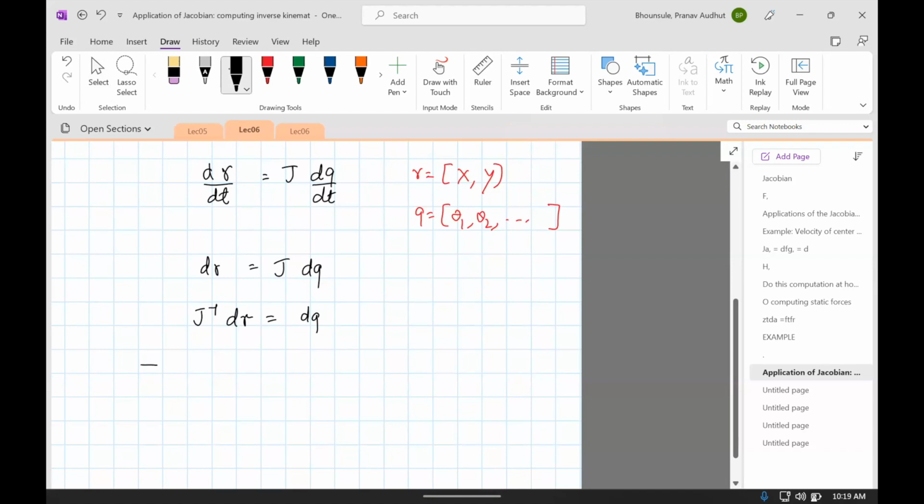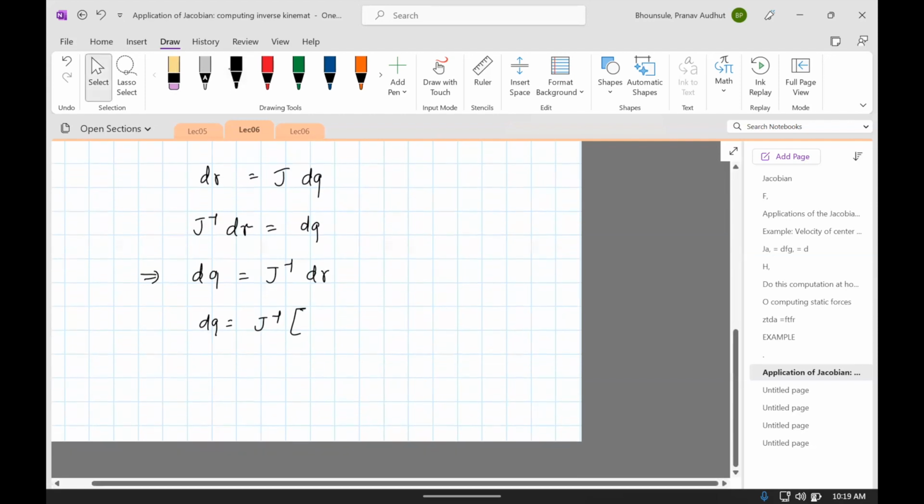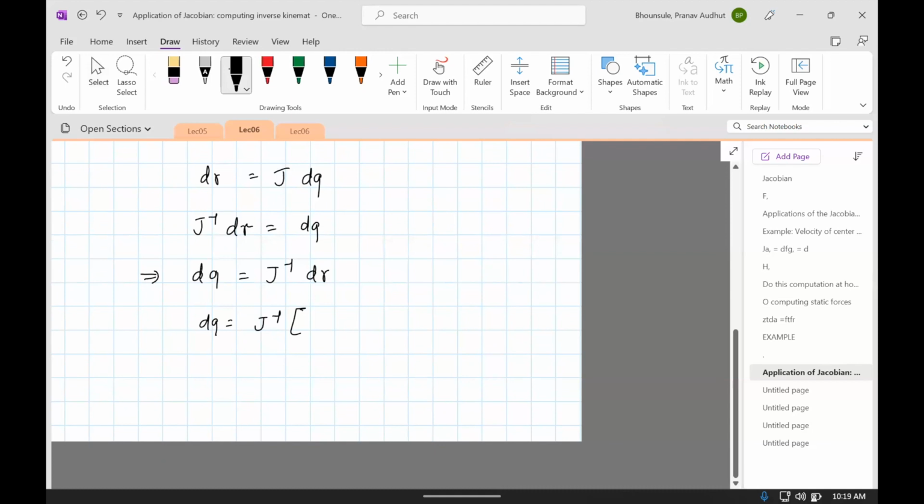So we have dq is J inverse dr. That's the key equation. The way you use it: what is dr? dr is the change in the position. We write this as r ref, the reference position.